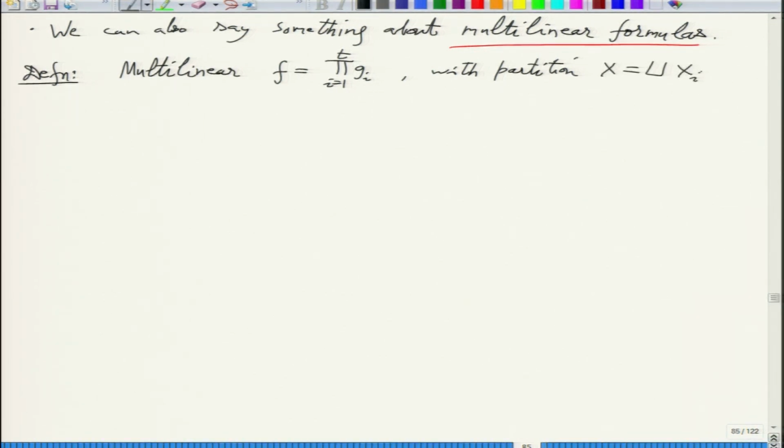Since it's multilinear, the underlying variable subsets are disjoint, so that induces a partition into x1 to xt. So this will be called a log product.